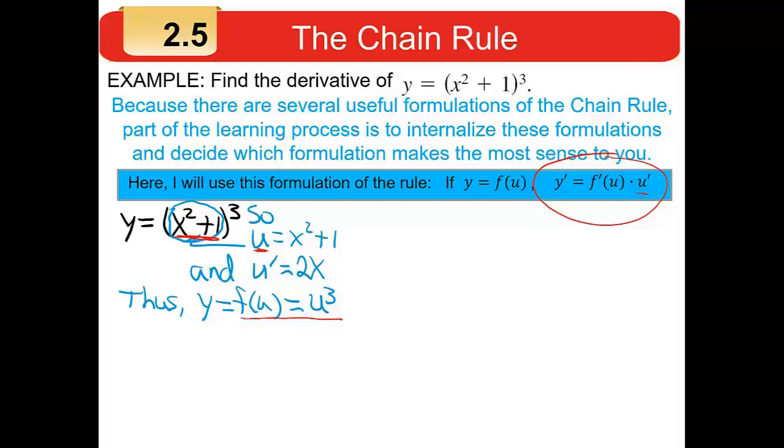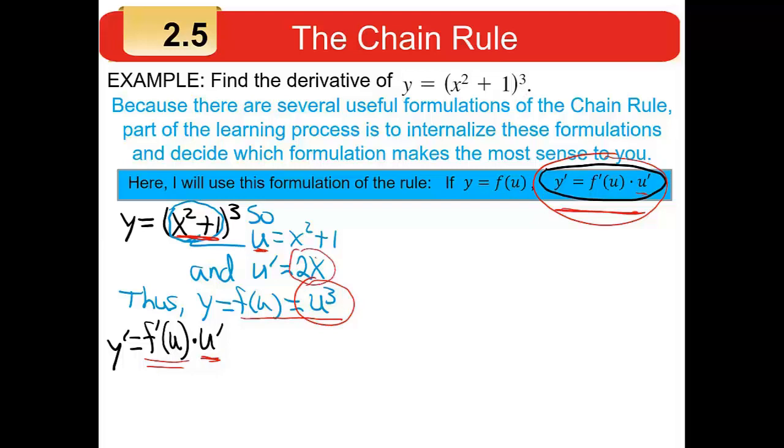And applying the derivative formula, the chain rule, all we have to do is take the derivative of the f function, the outside function, which is the u cubed, and then multiply it by the u prime, which we've already calculated. Well, u cubed is easy.